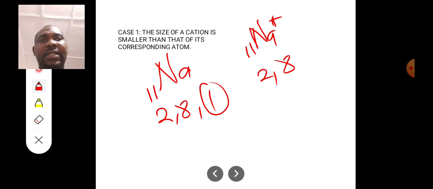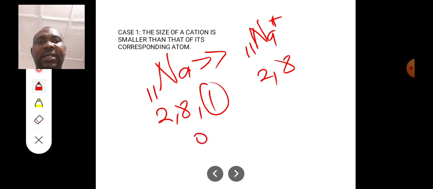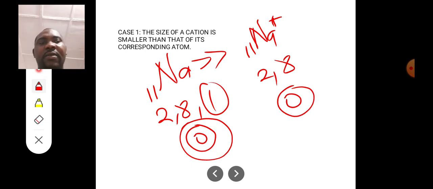So you can see that the sodium atom has a larger atomic size than the sodium ion. Why? Because the sodium atom has 3 shells, 1, 2, 3, but the sodium ion has only 2 shells. So from the number of shells, it is clear that the sodium atom is larger in size than the cation, or we can say that the sodium ion has a smaller size than its corresponding atom.